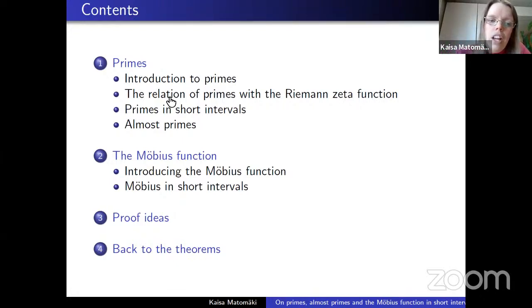And then I went on to talk about almost primes, where we have these P_k numbers that are products of at most k primes, and these E_k numbers that are products of exactly k primes. And for this, we have several results in much shorter intervals than for the primes, that we can find E_k numbers or P_k numbers.